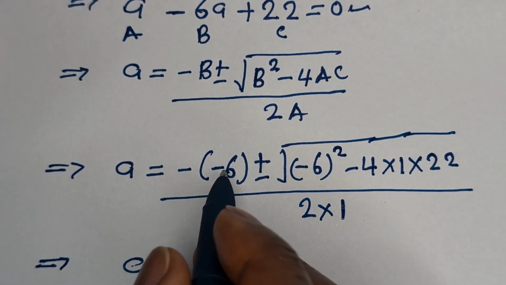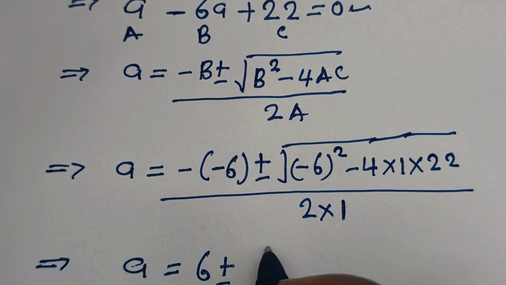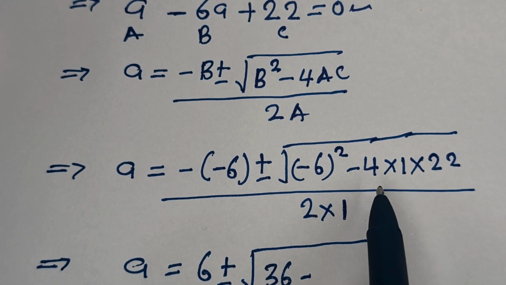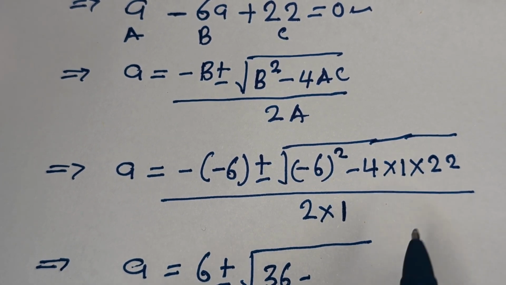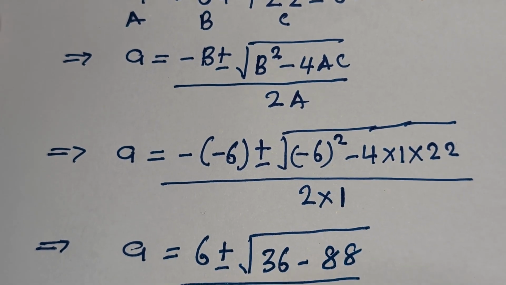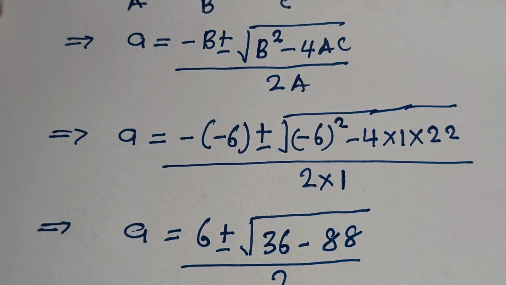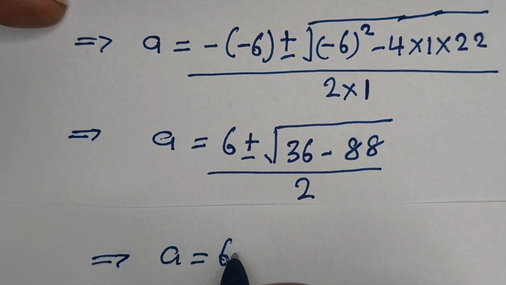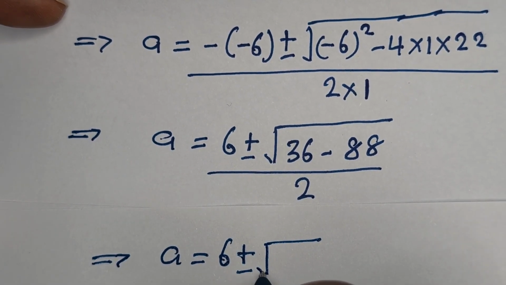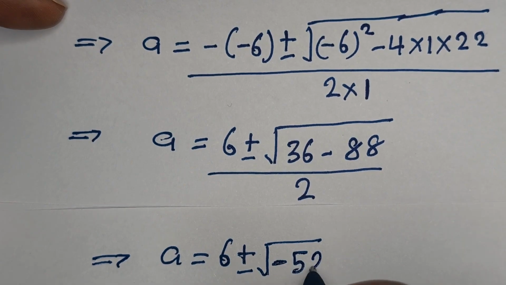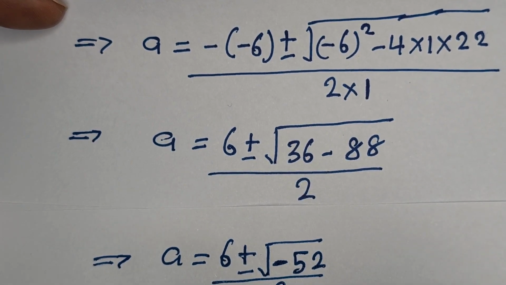a is equal to minus times minus is plus 6, plus or minus square root of minus 6 squared, this is 36, minus 4 multiplied by 1 multiplied by 22, that is 88, over 2 multiplied by 1, that is 2. a is equal to 6 plus or minus square root of 36 minus 88, that is minus 52, then over 2.